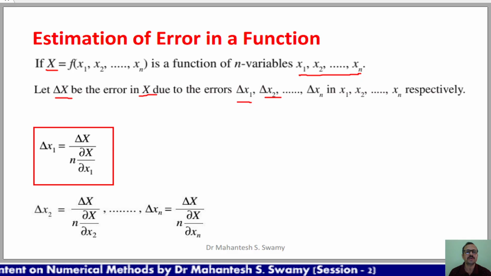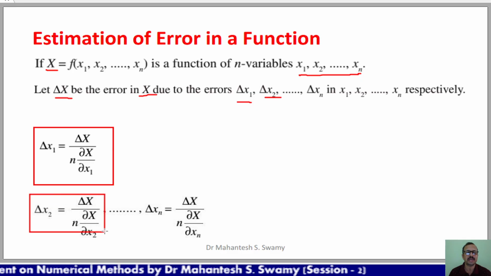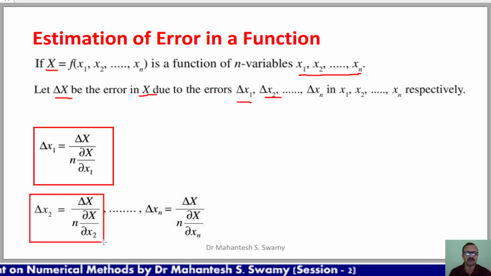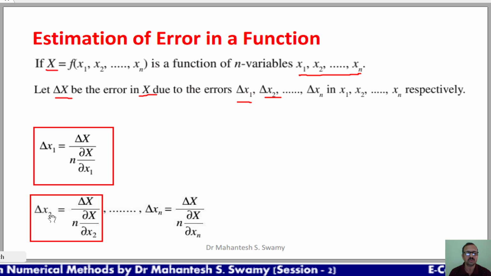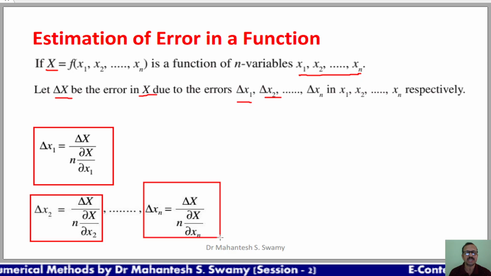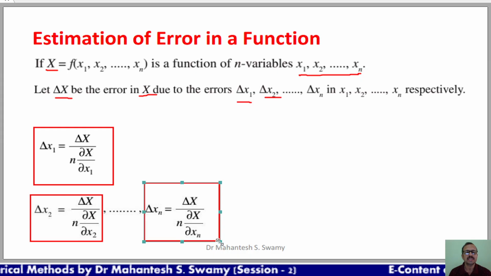Similarly, we can compute the error delta x2 in the second independent variable x2, and in the same way, this is the general formula for finding the error involved in the nth independent variable xn, and it is denoted by delta xn.